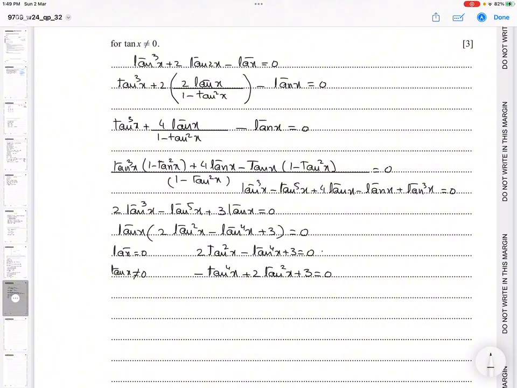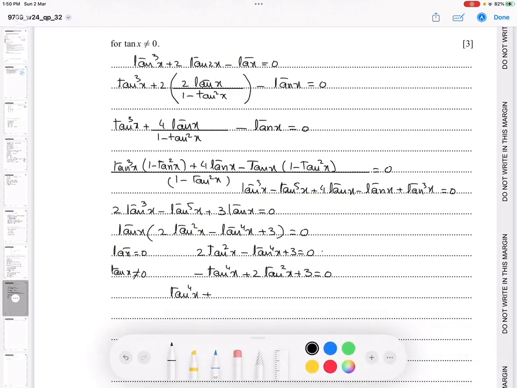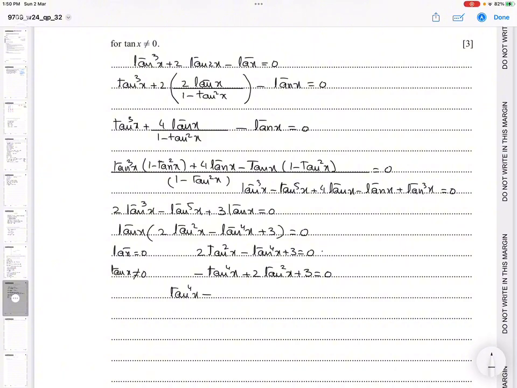Multiply throughout by a negative sign, so it becomes tan power 4 x minus 2 tan square x minus 3 equals 0. So this has been shown. You can write shown here.